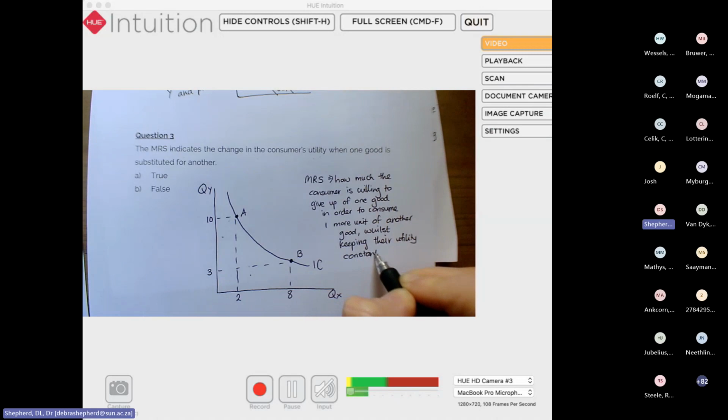In other words, we are staying on the same indifference curve.